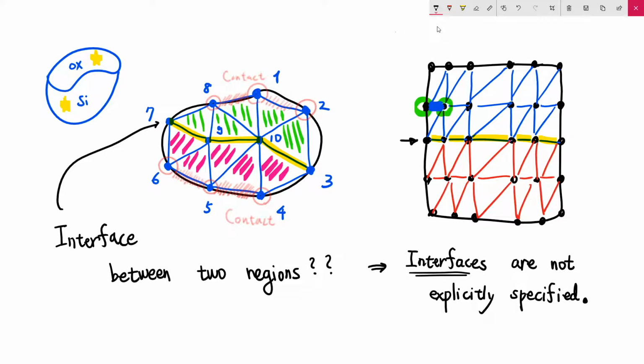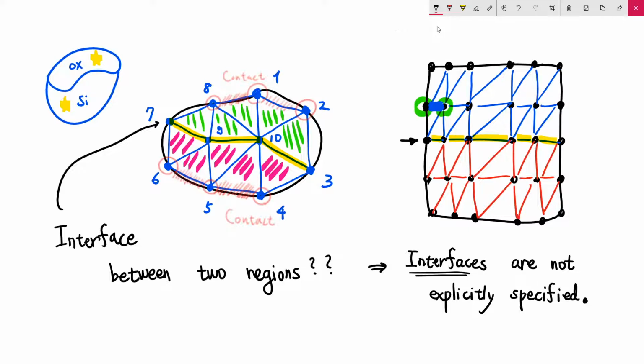Then, by collecting your vertex information or element information and trying to find out the intersecting edges, you can find the interface quite naturally.